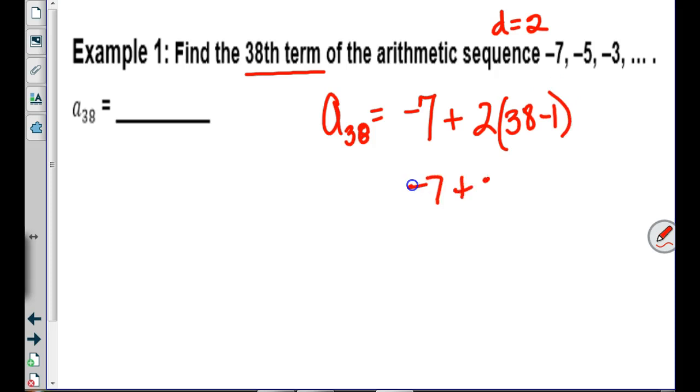So -7 plus 2 times 37, 74 minus 7, 67. Nice job. Everybody remembering now?